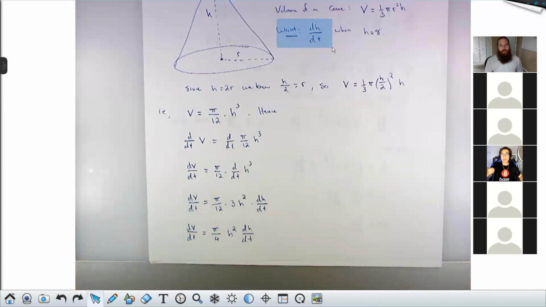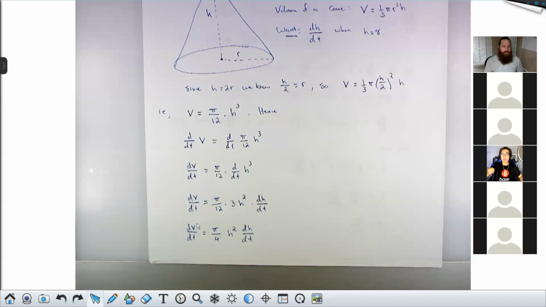I want dh/dt at the moment when h is equal to 8. So I'm going to come down here and plug in 8 for h and try to solve for dh/dt. The thing I don't have right away is dV/dt.